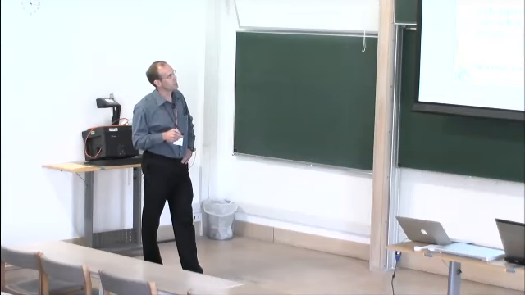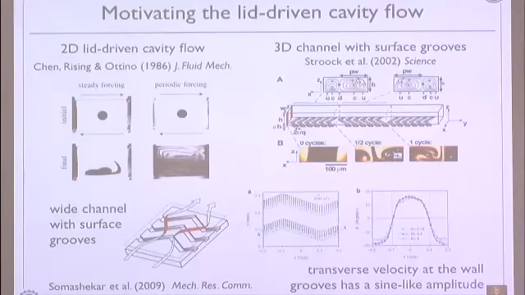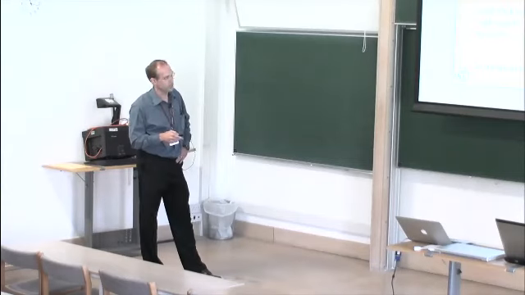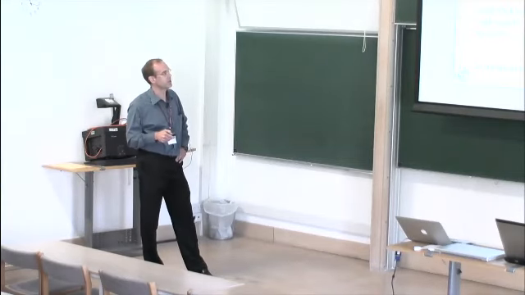And the idea is as the fluid moves in this channel and passes over these grooves, there's less resistance for the fluid to move along the grooves than across the grooves, and so you generate these counter-rotating patterns in a cross-section of this channel, and so they showed how you get nice mixing that occurs due to some stretching and folding of the fluid. They didn't explicitly show that this had anything to do with chaos, but they speculated that it did.